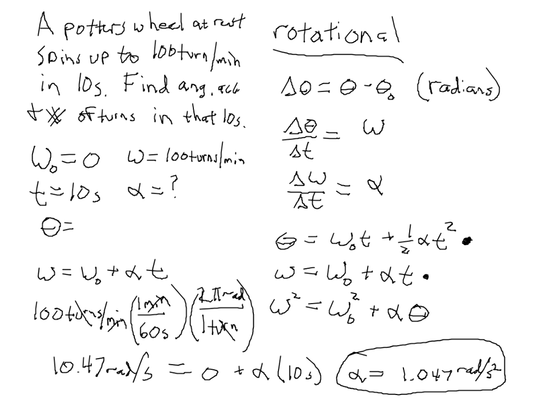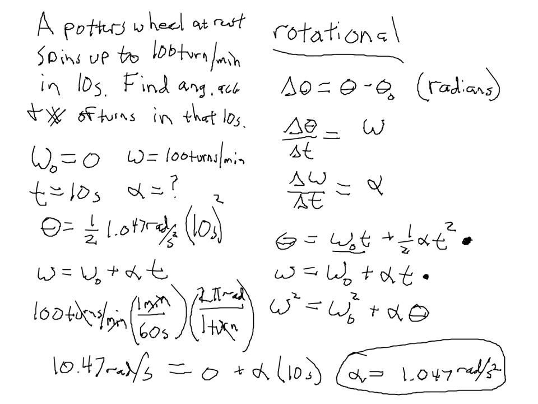Okay, omega 0 is 0, so this first term right here is 0. Theta is going to be equal to 1/2 alpha. Well, alpha we just found is 1.047 radians per second squared times t squared. T is 10 seconds, so we square that.